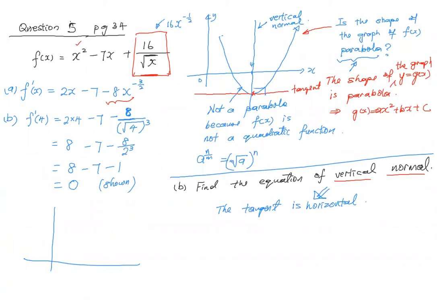So if the tangent is horizontal, horizontal tangent means what? dy/dx equal to 0. Am I right? Gradient 0. So I have to start from here.